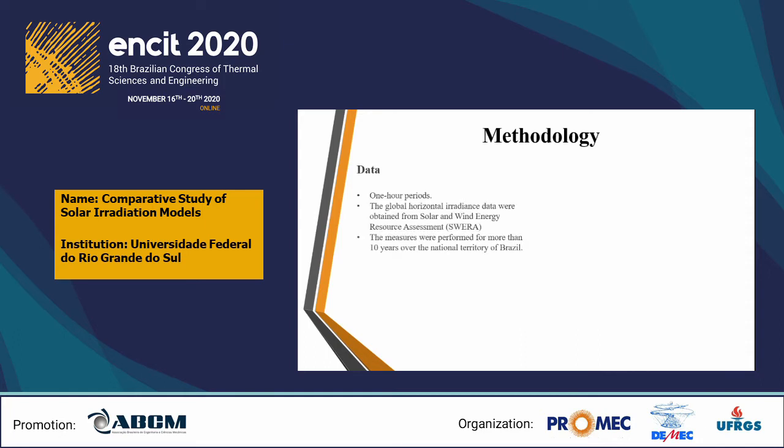Data. The data selected for this work was obtained from the solar and wind energy resource assessment, in periods of 1 hour for more than 10 years, for the national territory of Brazil. The uncertainties may be significant near sunset and sunrise.